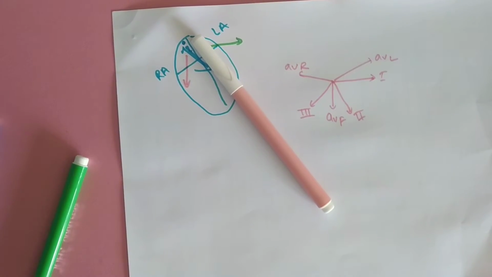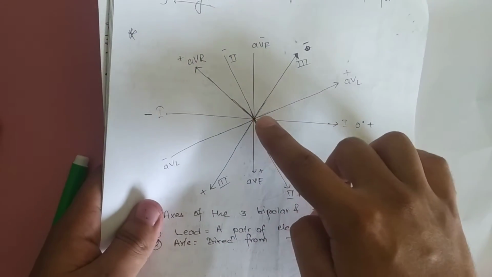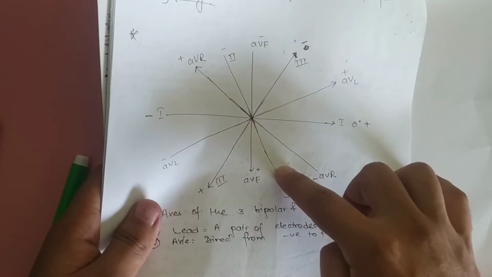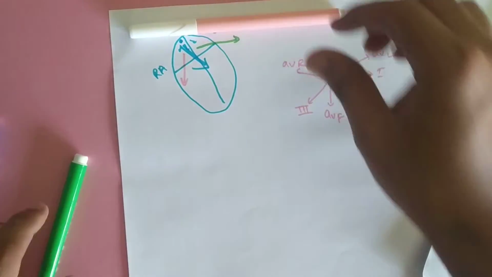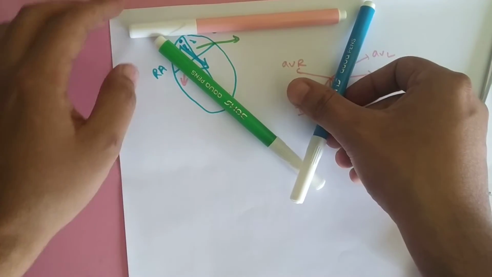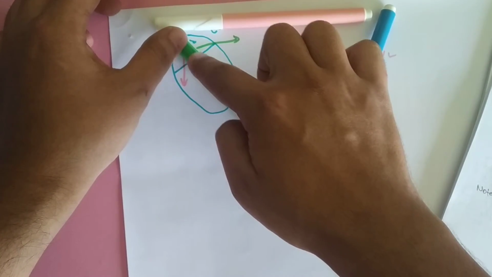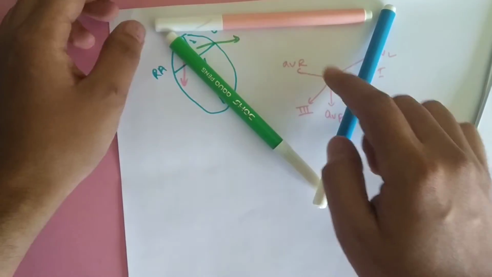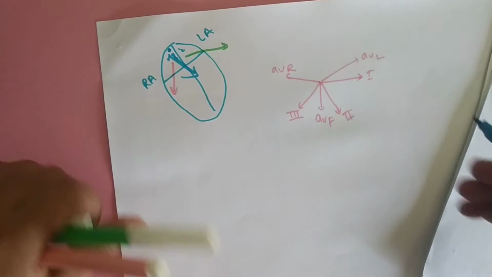So what I mean to say is that the atrial depolarization vector direction will be alongside lead 2, because this will be lead 1 and this will be lead 2 and this will be lead 3. We had discussed this already. So when the direction of the atrial depolarization vector and the lead 2 direction are the same, the atrial depolarization will be best picked up by lead 2.